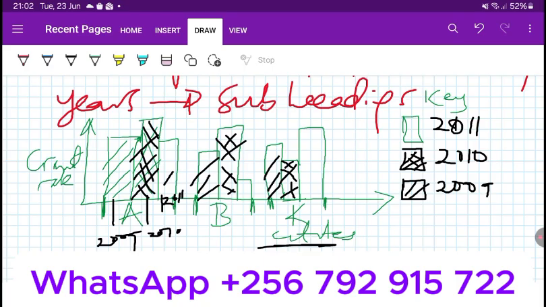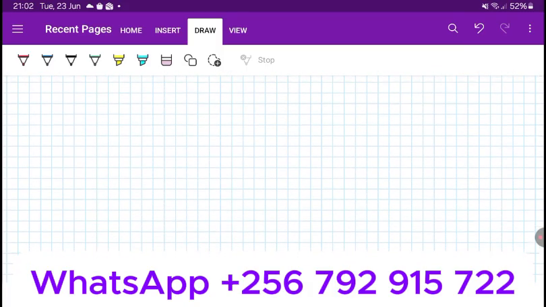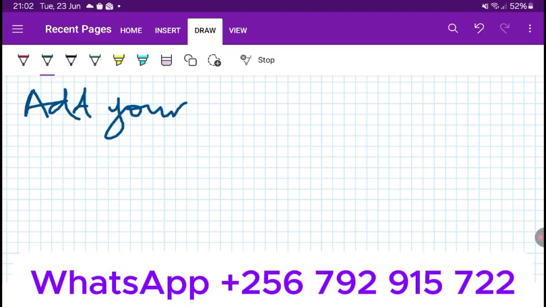The last part is just to draw the graph, because we are done with the analysis. Now the last part is just to draw. You add your data to the graph.